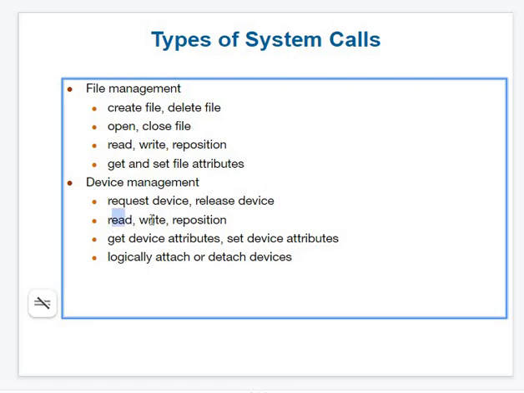So read from the pen drive, write into the pen drive. Reposition means modification in the pen drive. So there is one project file, in that you have typed a letter, means a report. Do you want to read that report in your computer? Yes, for that also there is one system call.